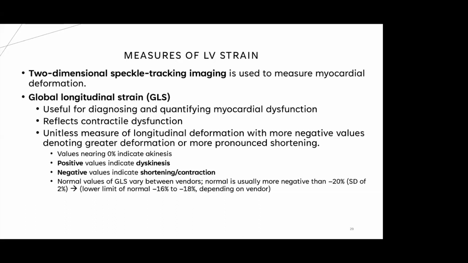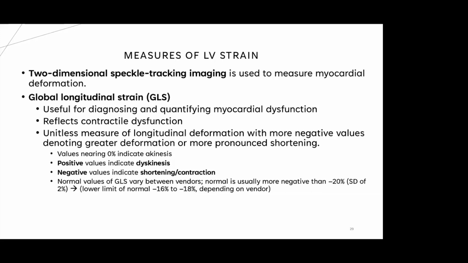It's described as a unitless measure and recorded as a percentage of longitudinal deformation. When we look at this number, what we need to remember is that more negative values essentially reflect more shortening, more contraction, more normal myocardium. Values nearing 0 demonstrate akinesis, and then positive values indicate dyskinesis.